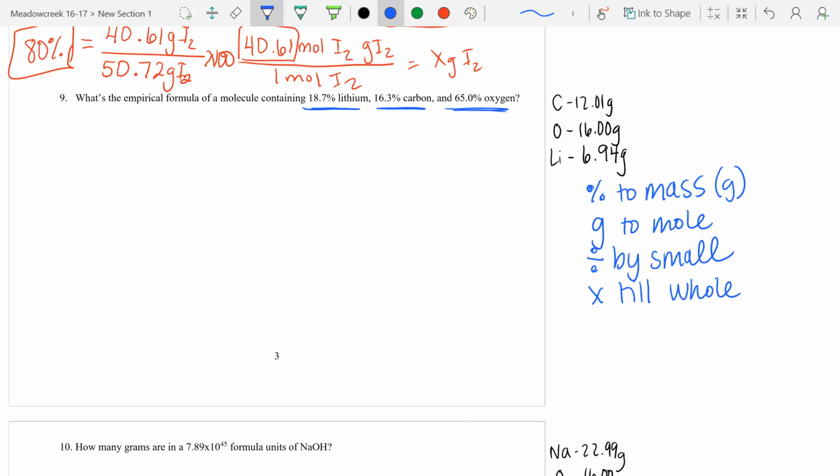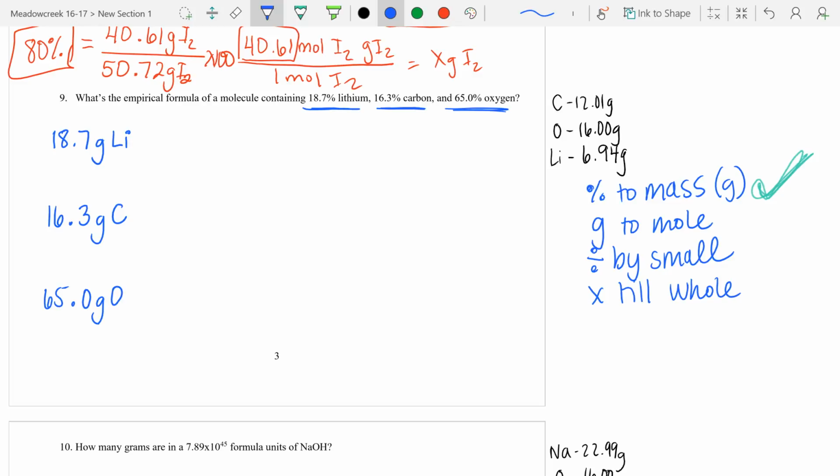The way to do that is you just replace the percent sign with a gram. So our 18.7% becomes 18.7 grams of lithium, our 16.3% becomes 16.3 grams of carbon, and our 65.0% oxygen becomes 65.0 grams of oxygen. So that means we have done step number 1.